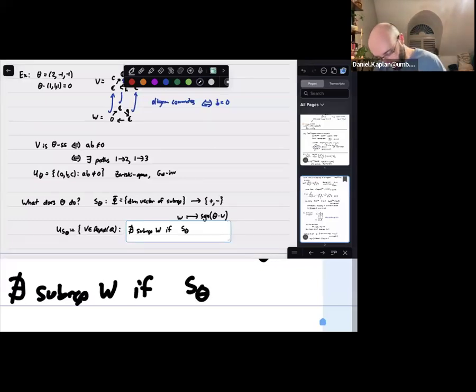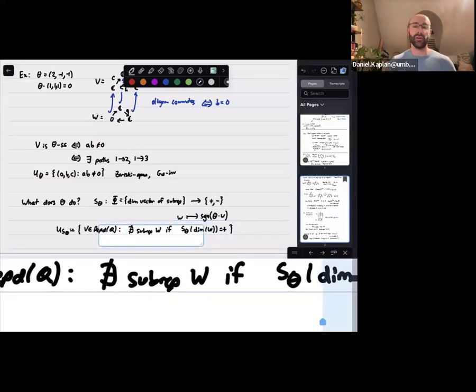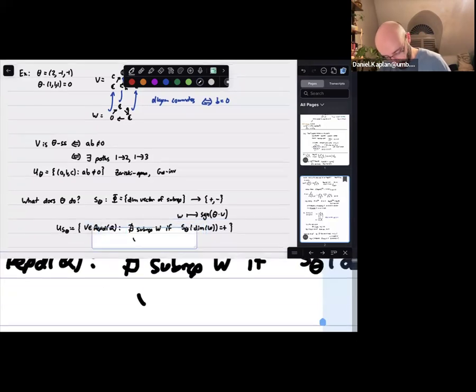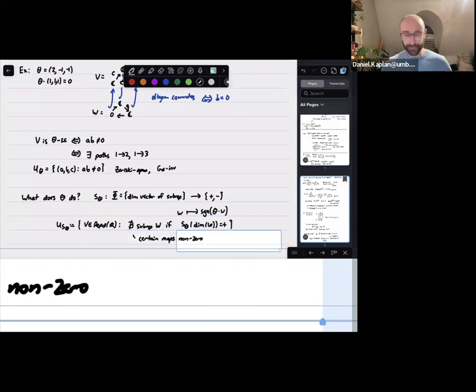So when this function on the dimension vector of W is plus. And we saw before in this small example, this simplified to just saying that certain prescribed maps have to be non-zero. Okay.